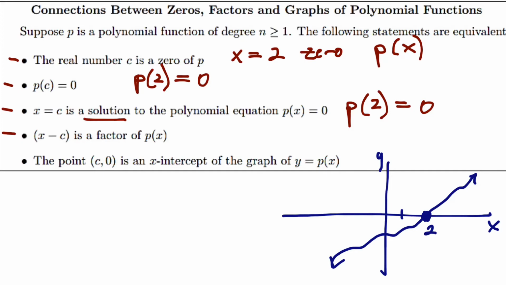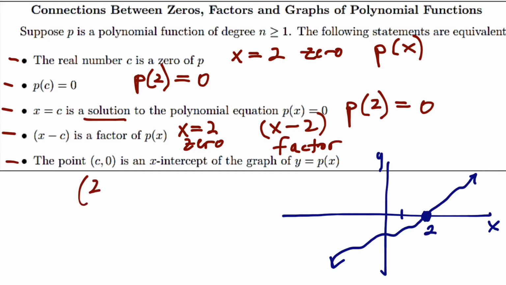The other equivalent statement is that if x equals 2 is a zero, then x minus 2 is a factor of the polynomial P of x. And the other equivalent statement is that the point (2, 0) is an x-intercept of P of x.